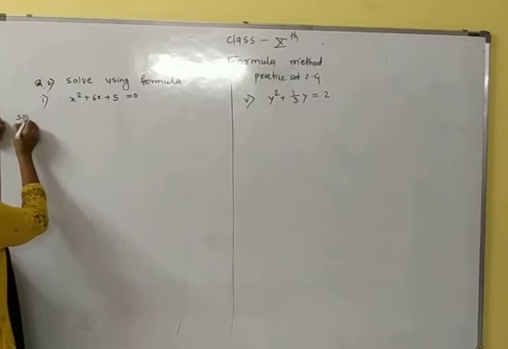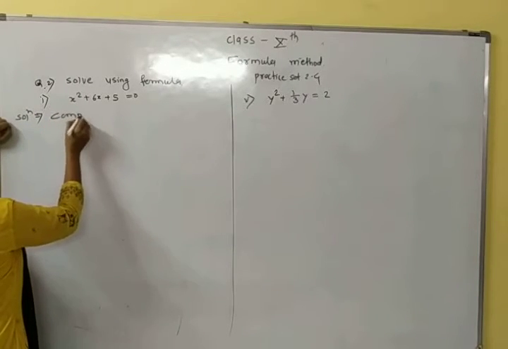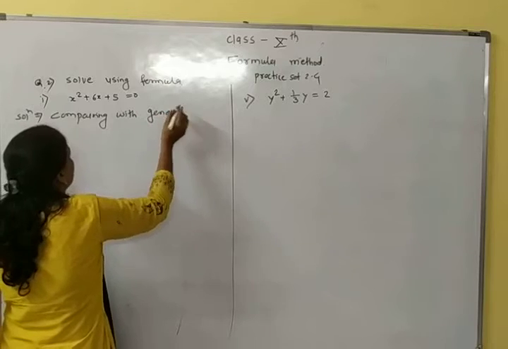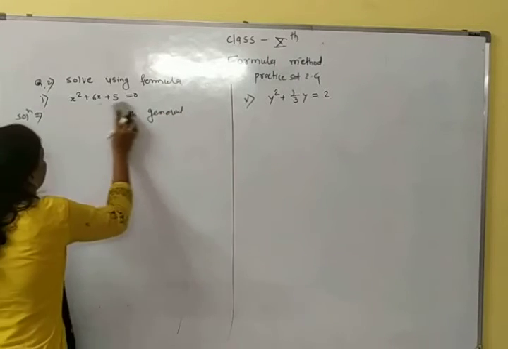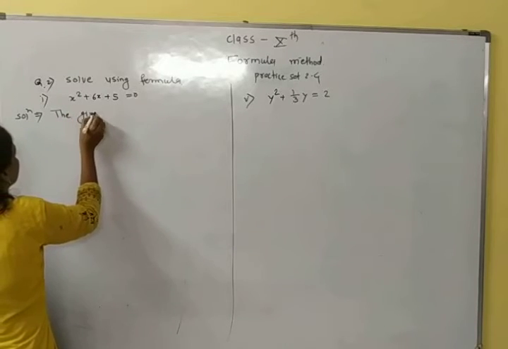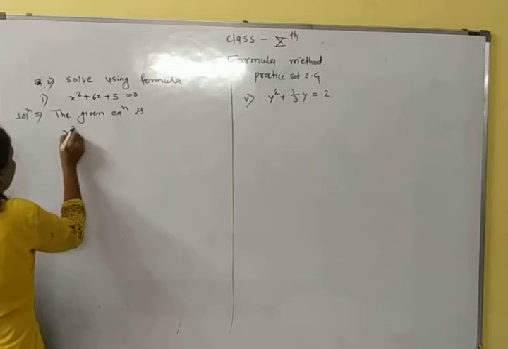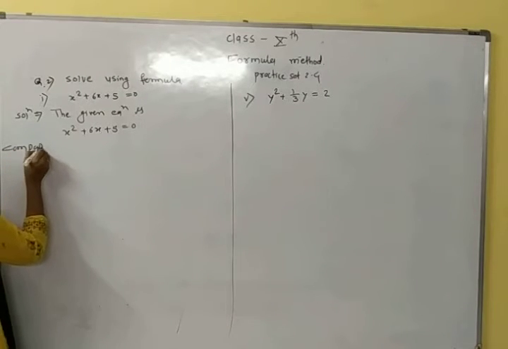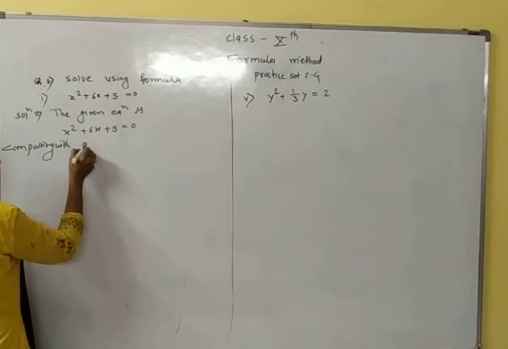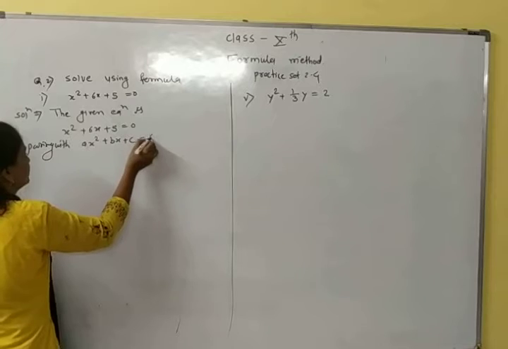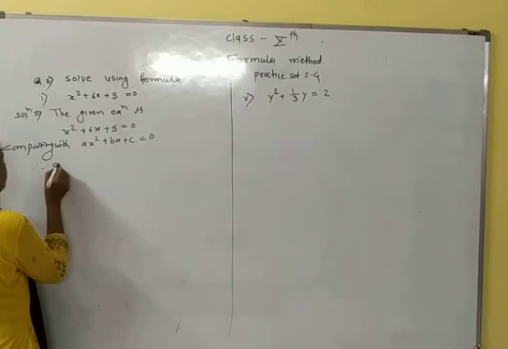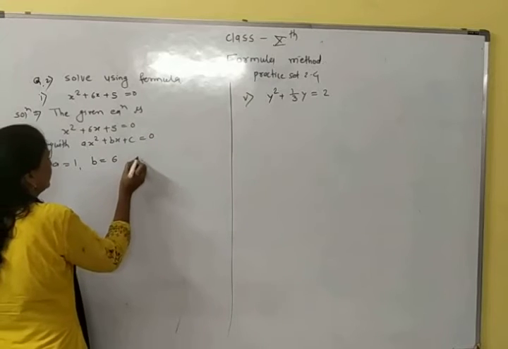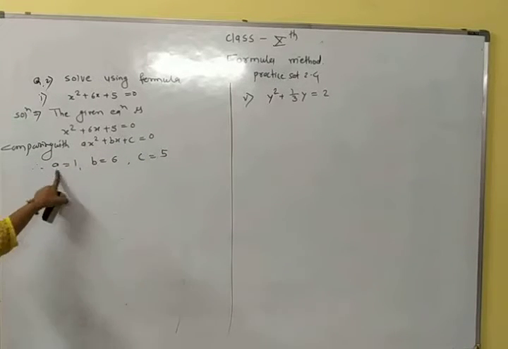Comparing the given equation x² + 6x + 5 = 0 with ax² + bx + c = 0, a, the coefficient of x², is 1, b = 6 and c = 5. These are the values of a, b, c.